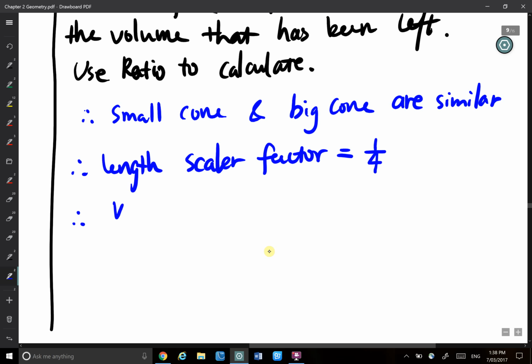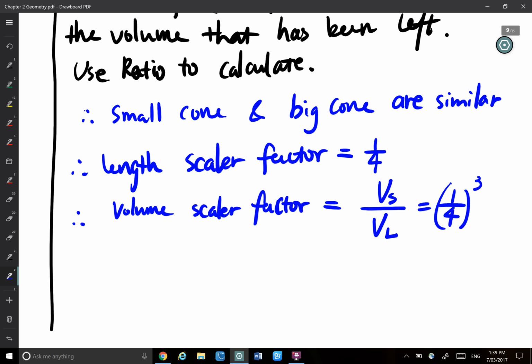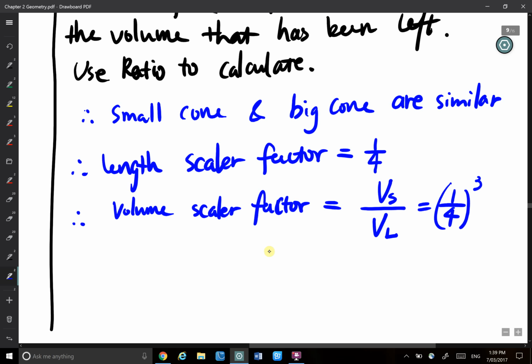Then the volume scale factor equals, so the volume of the small one, say Vs and Vl, over the volume of the large one equals a quarter cubed, because the volume scale factor will be the length scale factor cubed, not times, cubed. So the volume of the small one, a quarter, over the volume of the large one equals 1 over 4 times 4 is 16, 16 times 4 is 64.